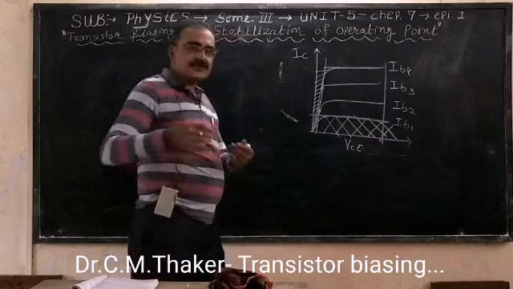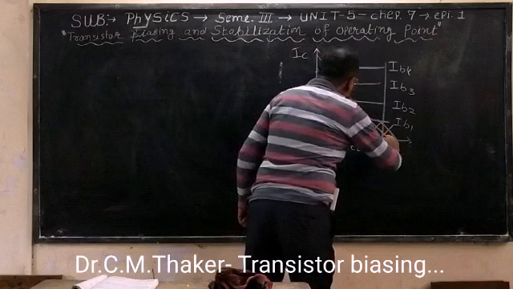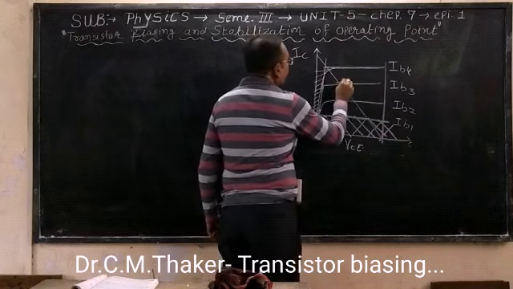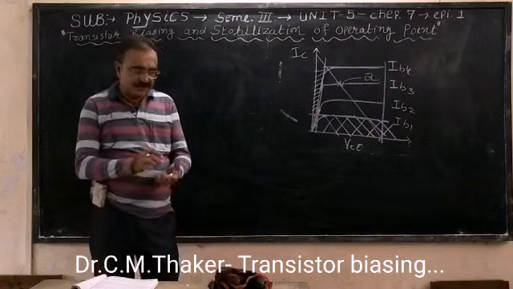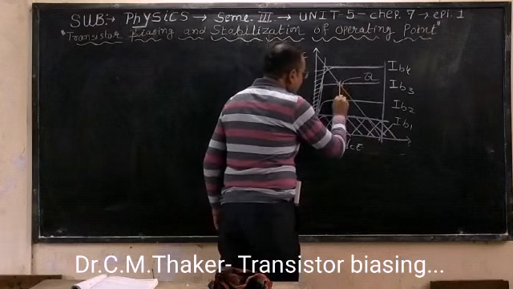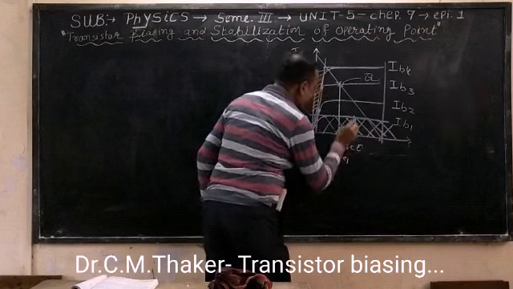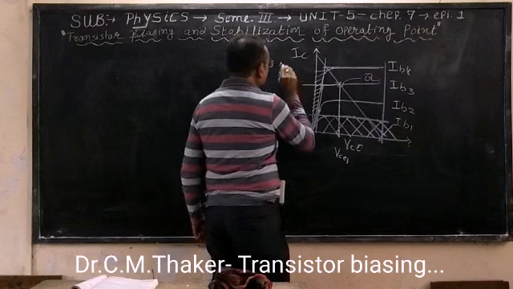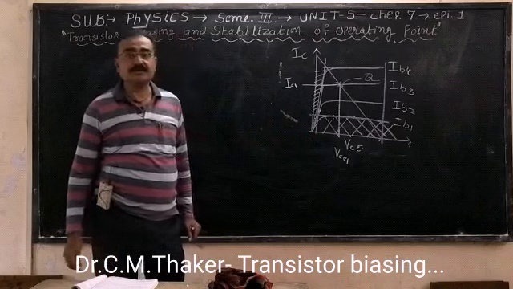So obviously we choose a load line. Suppose this is our load line and we choose the operating point Q here. Suppose we are operating the transistor at this VCE1 and this IC1. These are the operating point.